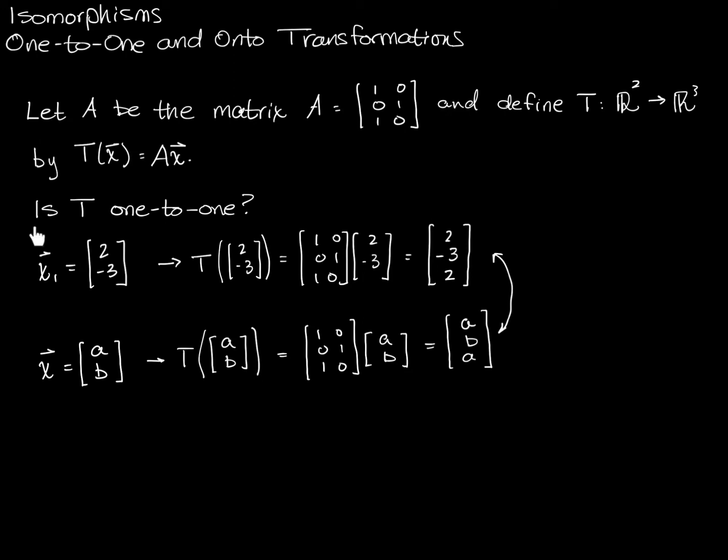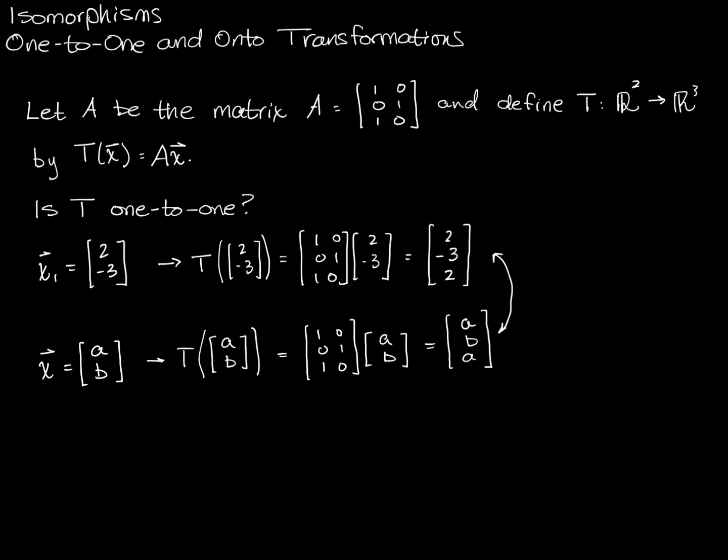Now the question we're asked here is, is this transformation one-to-one? In order to determine that, we need to examine whether there are outputs, we would call these our y values if we were working with a function, but they're just outputs, that map back to more than one different input.